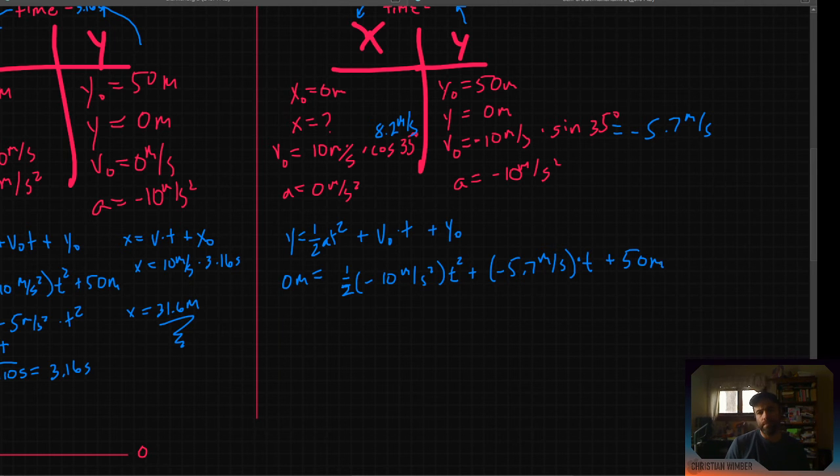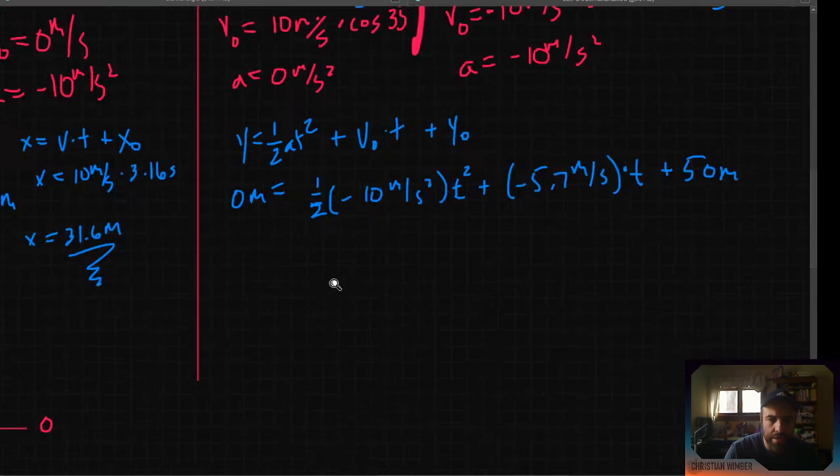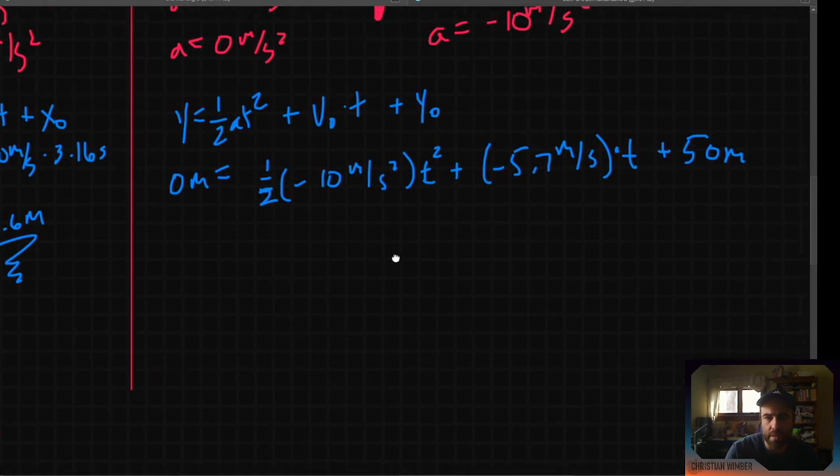Okay, so how are you going to solve this? Now, we could use the quadratic. I've had a few students want to go through using the quadratic. Tell you what, we'll use the quadratic real fast, and then I'll check it with Desmos, just so you're fine either way, and so you can see how to do it in Desmos.